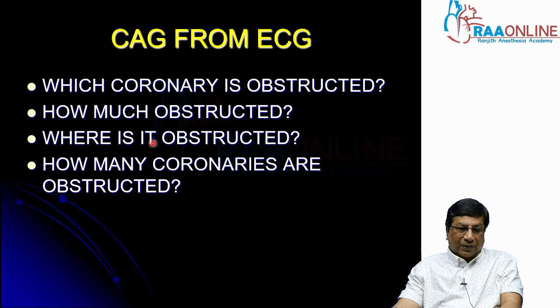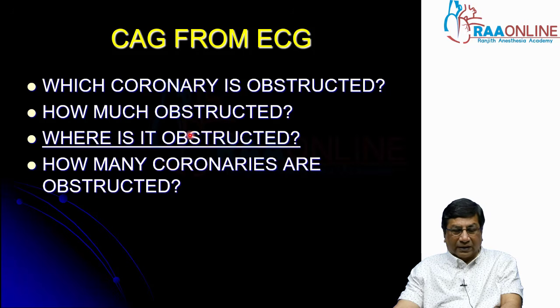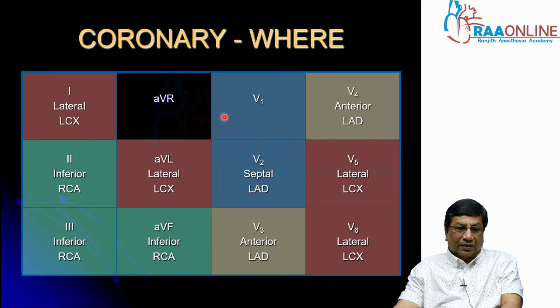Then the most important question is, having located a particular coronary artery, I want to know where in that artery the obstruction is, whether it is proximal, mid or distal. That is the most important question we are going to answer in this lecture. That's why we call this coronary angiogram from the electrocardiogram.